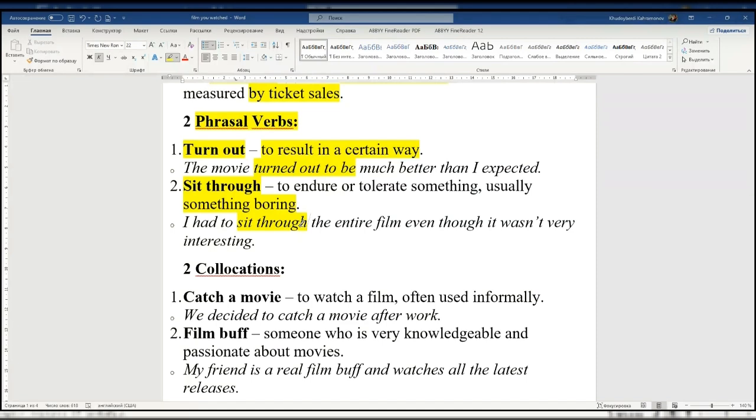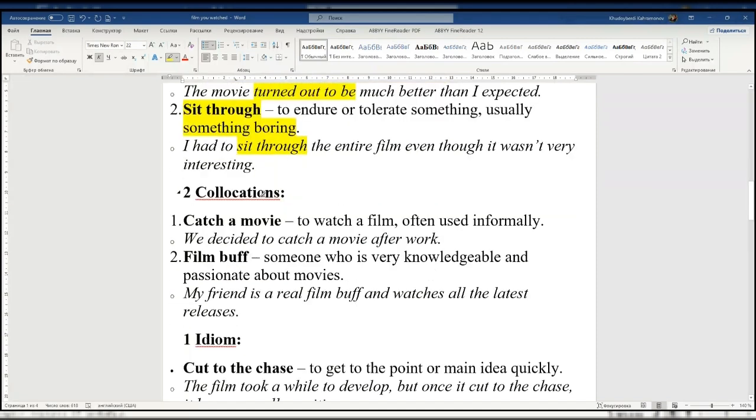And then the next one, collocations. Catch a movie. Catch a movie means to watch a film, right? Catch a movie and watch a movie. It's often used in informal English, which means it's pretty cool to use in spoken English. And film buff, right?